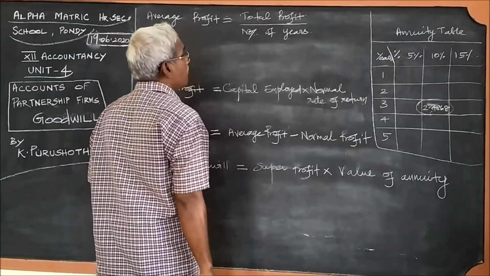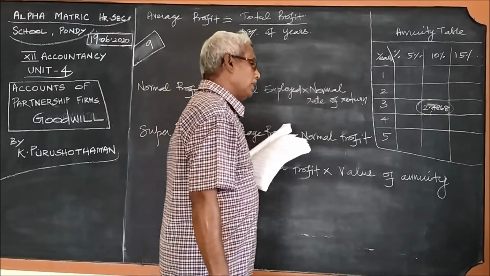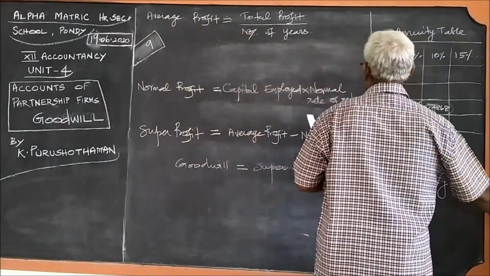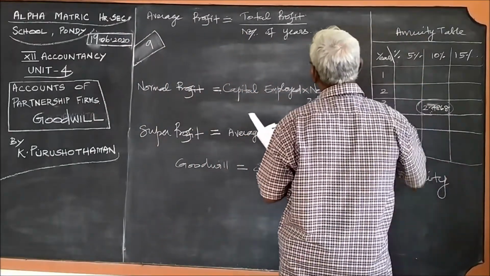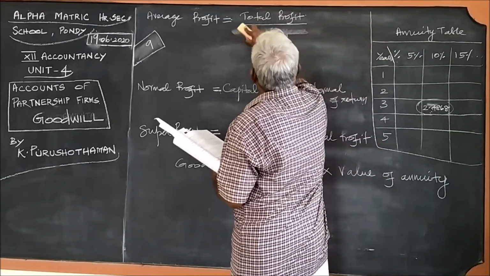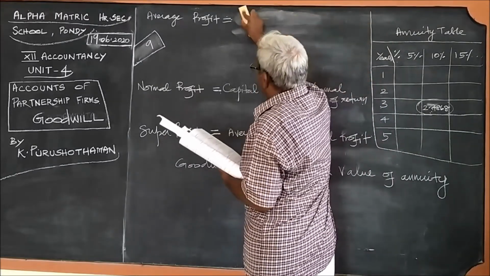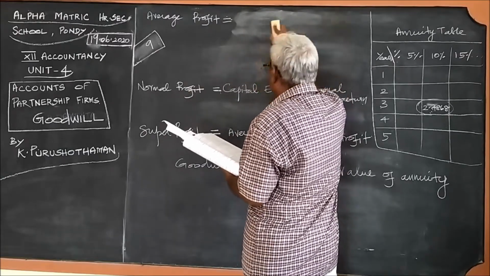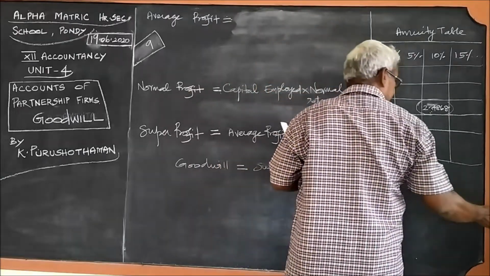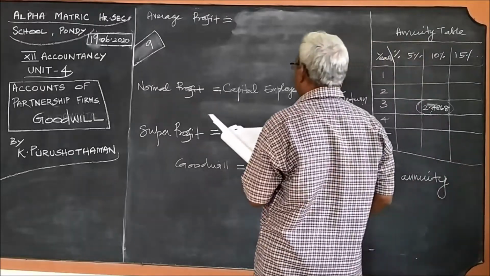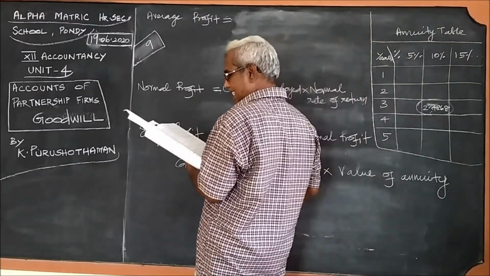What is it? In the example, 3 years profit is given, and we must find the average profit. But in this problem, the average profit is readily given.